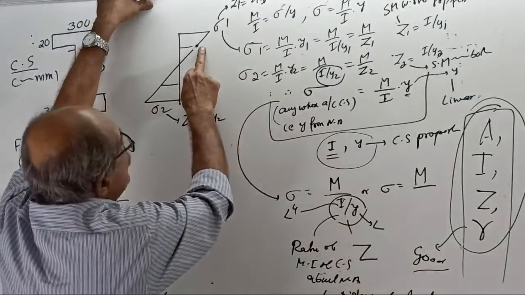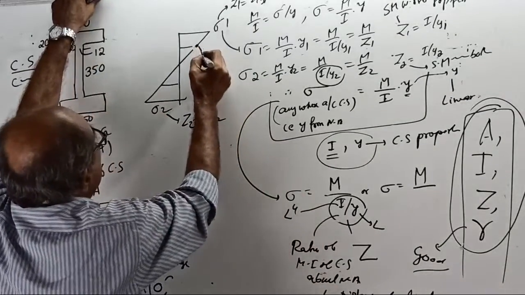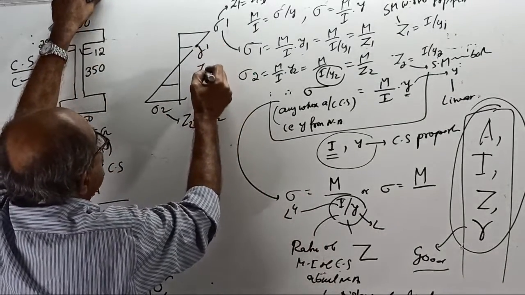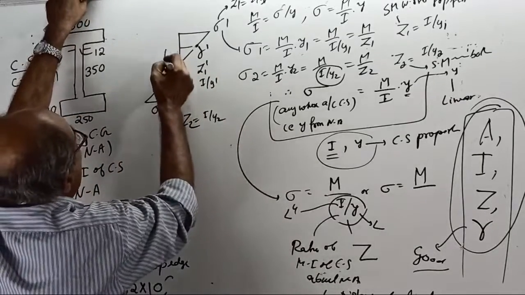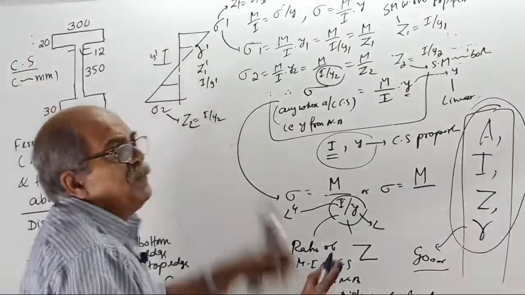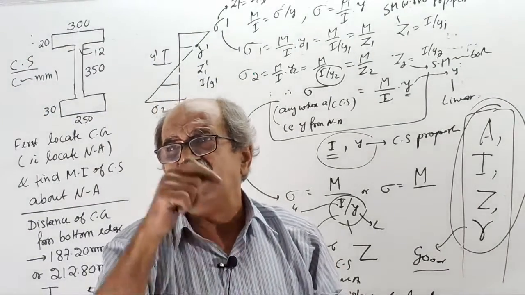If you want here, you have to use Z1 dash. If I want this stress here, sigma dash, I have to use Z1 dash equal to I by Y dash. Nobody will use that way because there are infinite points.